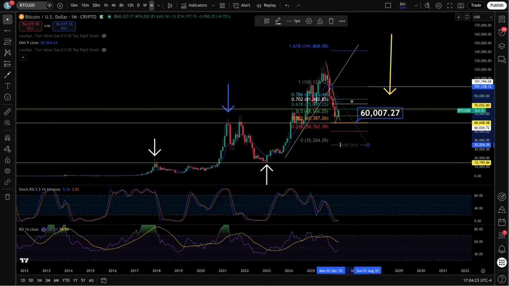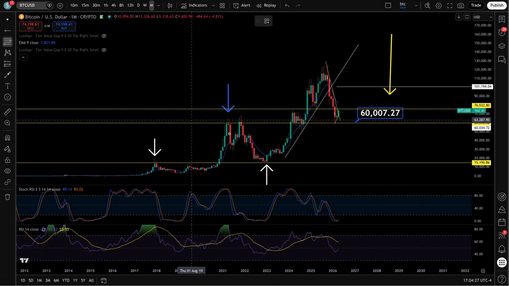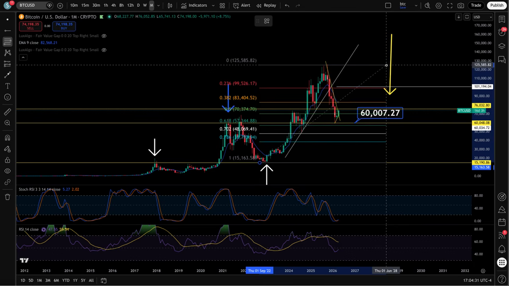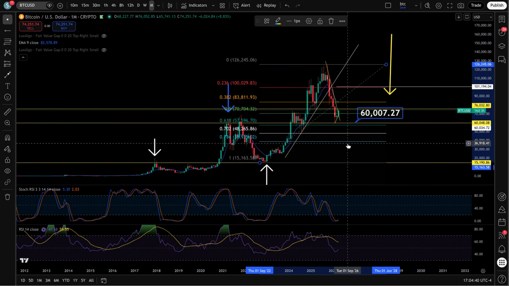What would that do with a fib? I'm just curious here, right? Take a fib off here. 35 would put us way down here, down through a 786.